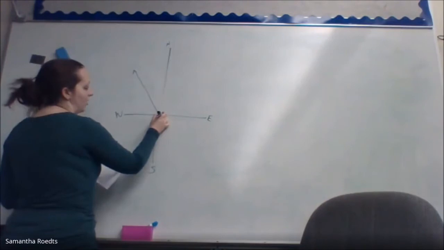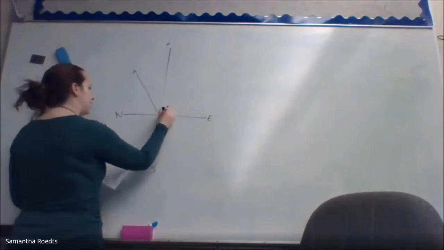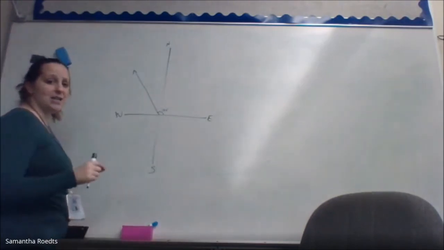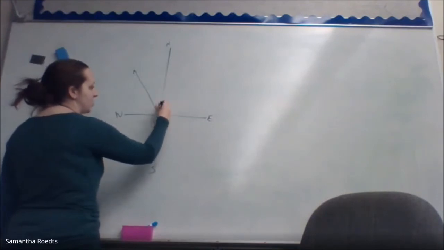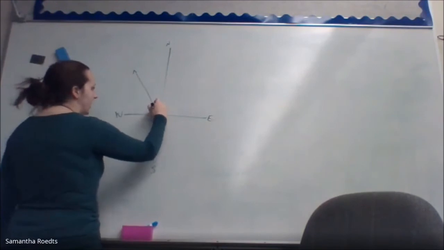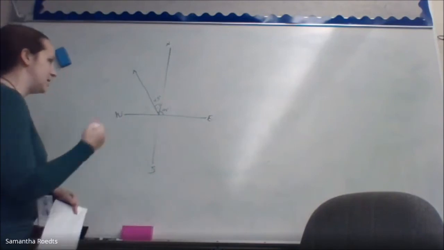Okay. And it goes from here. So that is 135. What I can do is I can actually subtract 90 from this, so I can figure out what this angle right here is between the vertical axis and my vector. In this case, this is actually 45 degrees, and that's where I'm going to make my triangle. So it's easier to see.